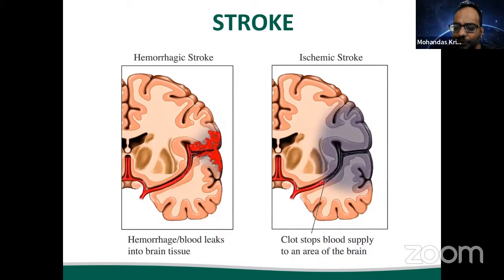So every time what you see is paralysis. But what is the reason for paralysis? You don't know. You try to treat the paralysis, but you don't try to treat the brain. This is the biggest problem we are facing in the world. The problem is in the software, and we are treating the hardware.